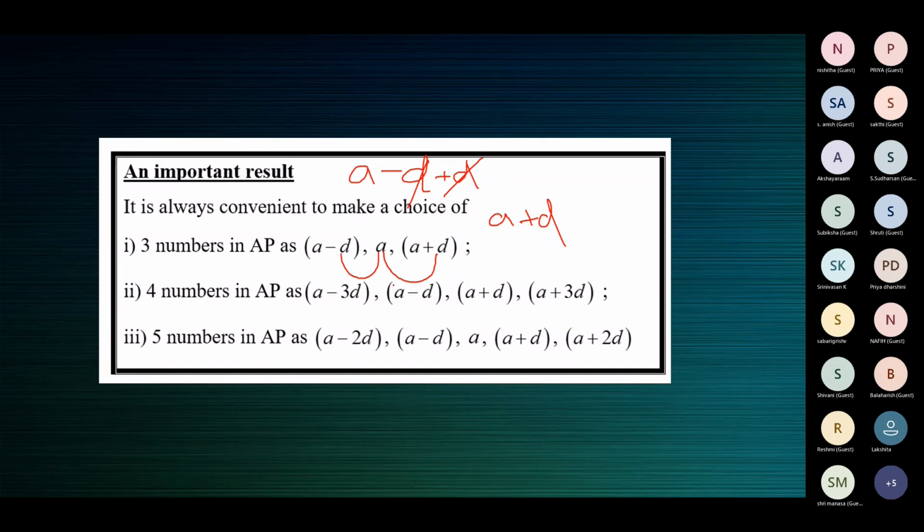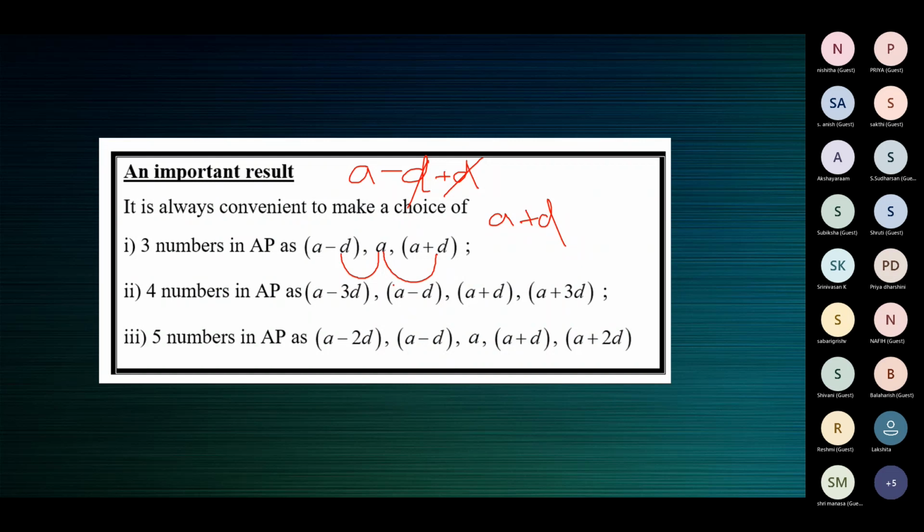So if the difference between any term and its preceding term is a constant, then the sequence is said to be in arithmetic progression. This is the only condition. The first term can be anything. Now you shouldn't have this doubt: why are you taking A minus D as the first term? There is nothing saying that this only should be the first term.